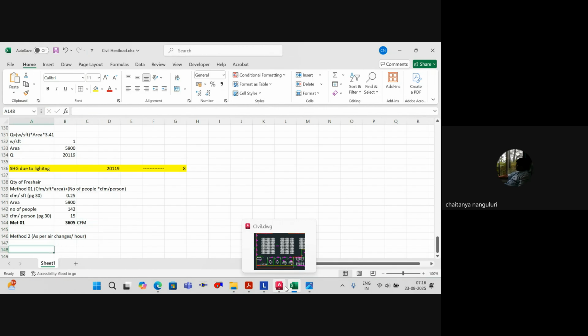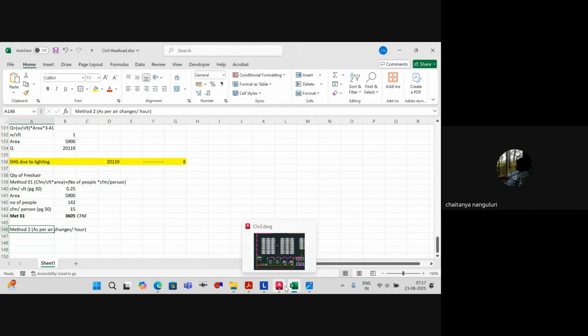Then coming to the next one, method 2, which is as per air changes per hour. ACPH, unless specified, generally we take 1 in any case. 1 air change means that in an hour, the total volume of air you want to replace is replaced one time. Understood?